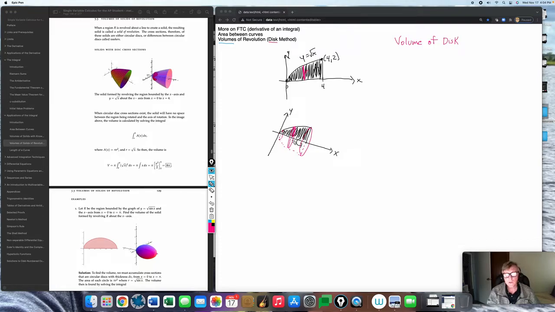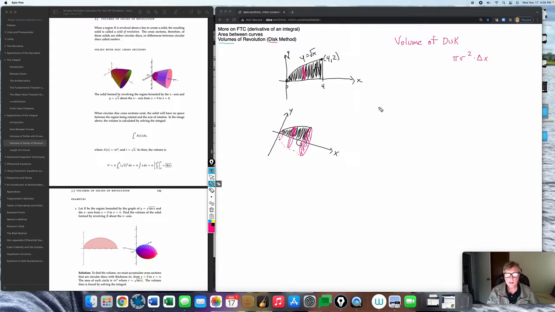Now we have a thickness of our disk, which I should call delta x until we actually put it in an integral. That thickness has to be multiplied by the cross-sectional area of a disk, which is pi r squared.